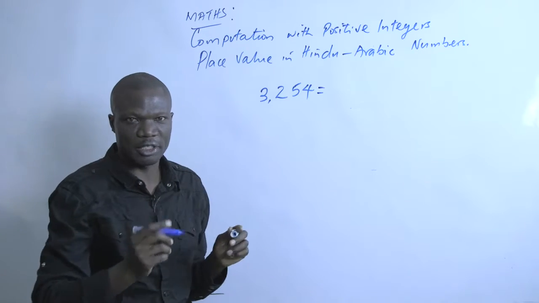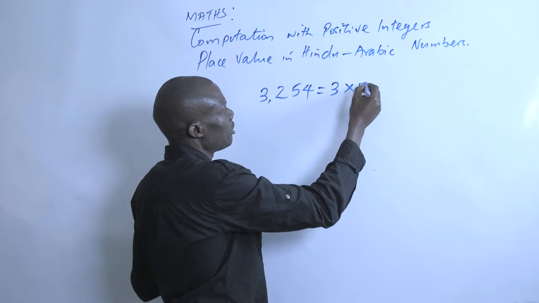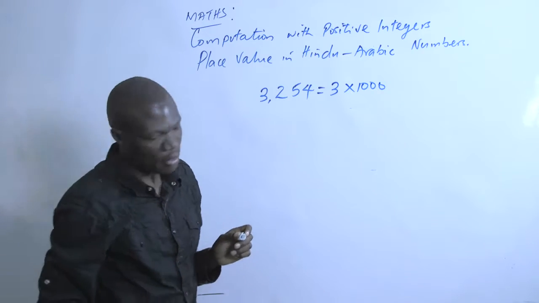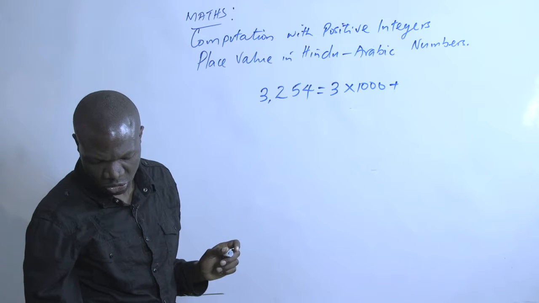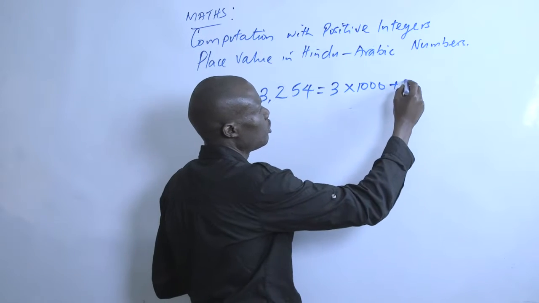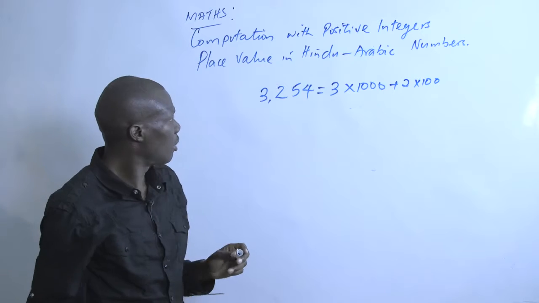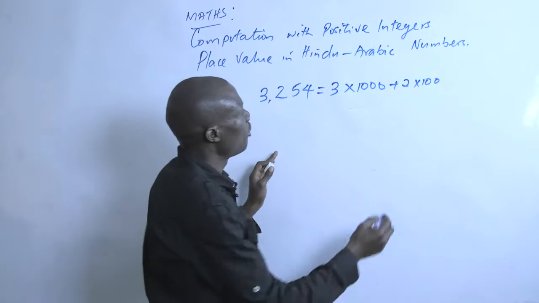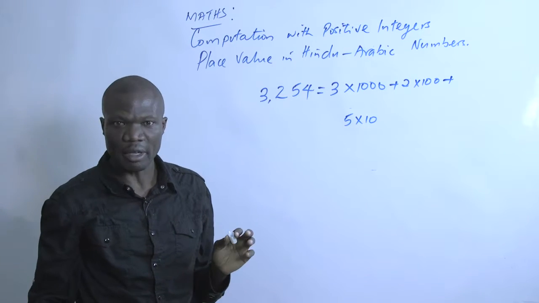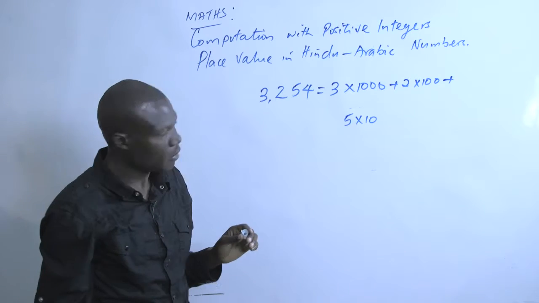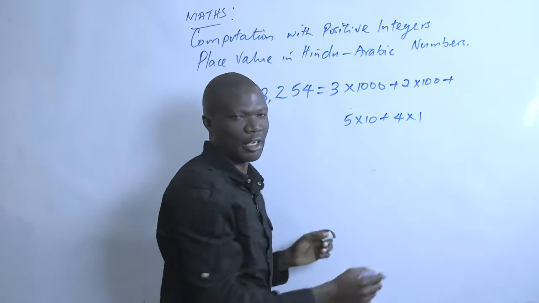When we expand this, we have the position of 3 as 3 times 1000, plus the position of 2, which is 2 times 100, the position of 5, which is 5 times 10, and finally the position of 4, which is 4 times 1.